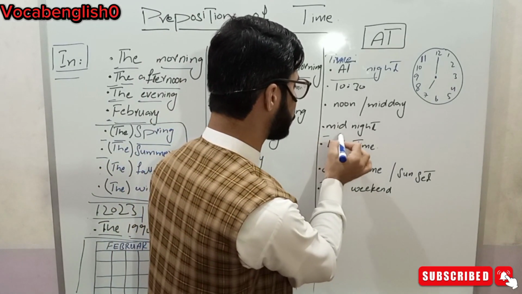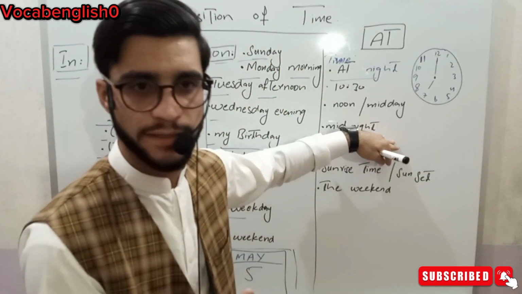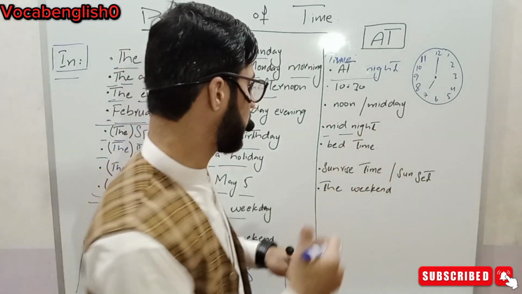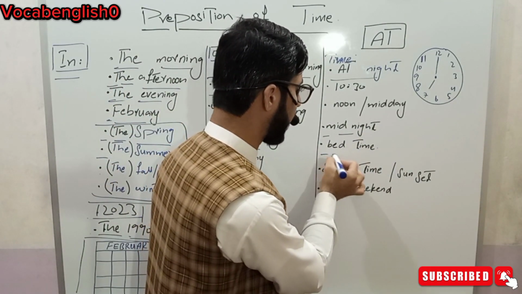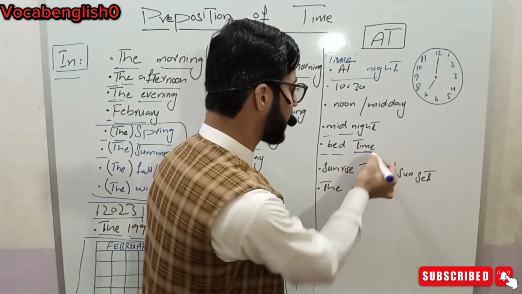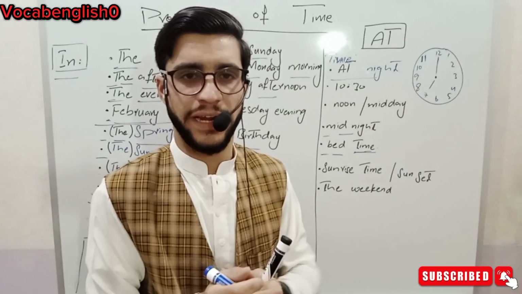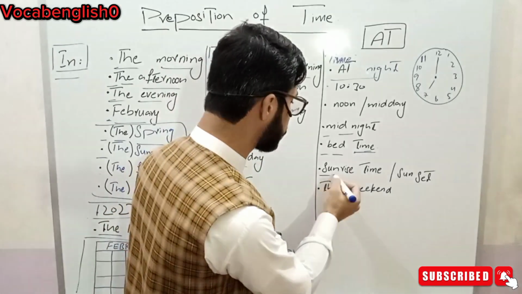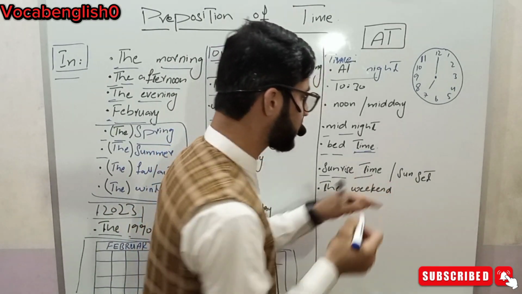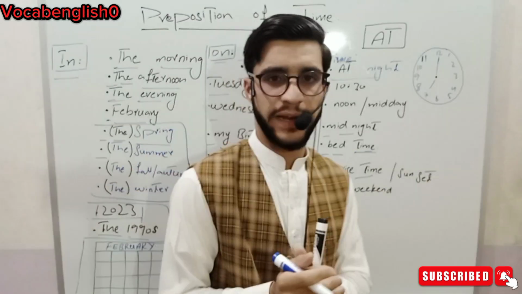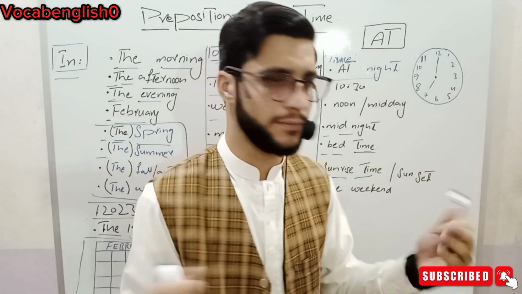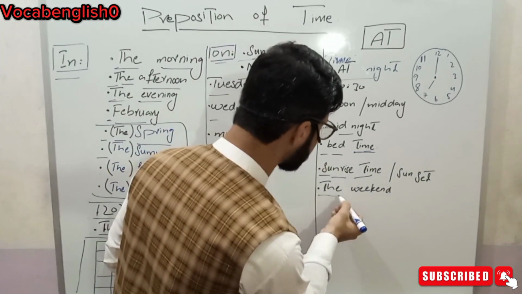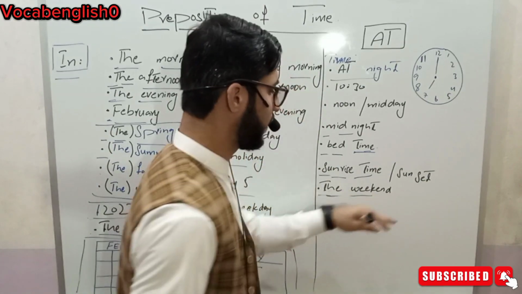Another is at midnight, and the next is at bedtime or at sleeping time, both are the same. Another is at sunrise time or sunset time, and the last is at the weekend.